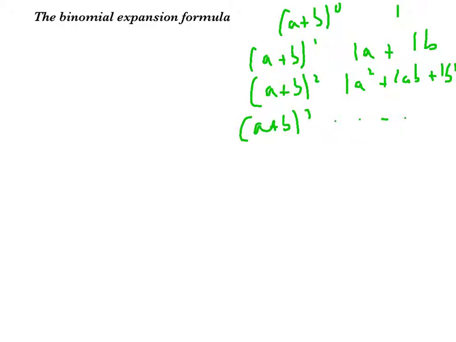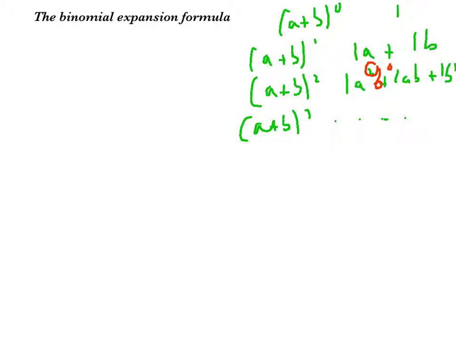And we noticed that every time, these powers, so remember this is a squared times b to the 0, always added up to this power here. See, this is a to the 1, b to the 1, so the powers added up equal this, and a squared and b squared equals this, doesn't it?